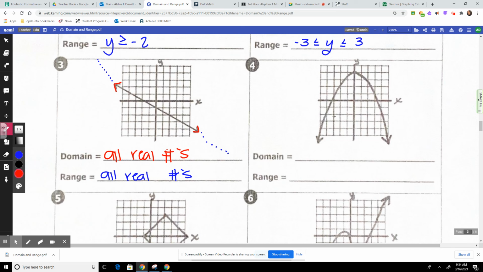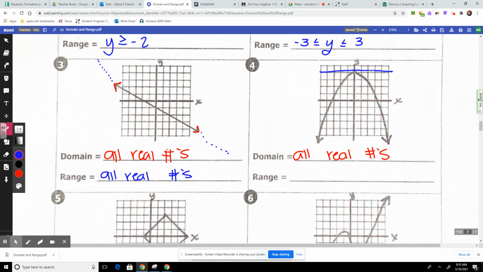Number 4 is a little bit different. Going to the left, my line is going to continue going forever to the left to cover all these values of x to the left and the right. So my domain is going to be all real numbers. It continues on for the left and it continues on for the right. Okay, but my range, I can say that my range values stop right here.